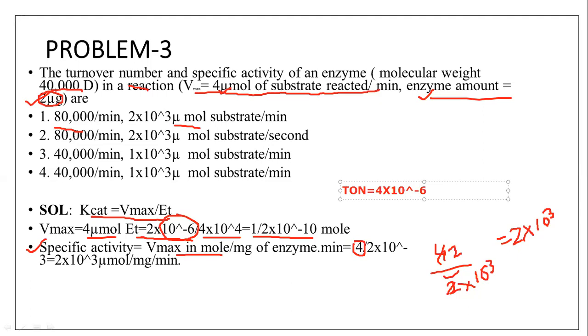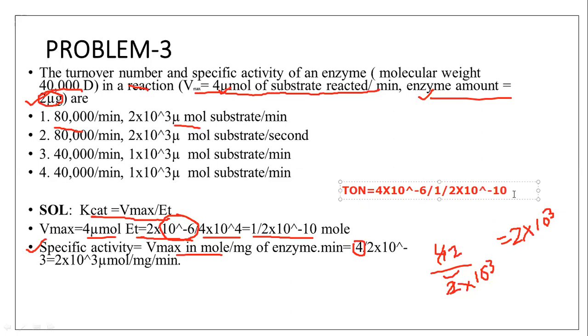Vmax by Et is 4 into 10 to the power minus 6 divided by half into 10 to the power minus 10.